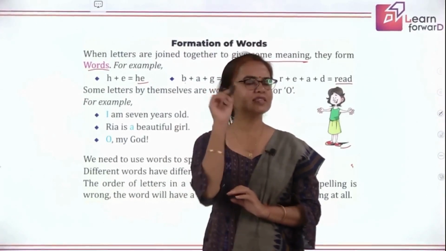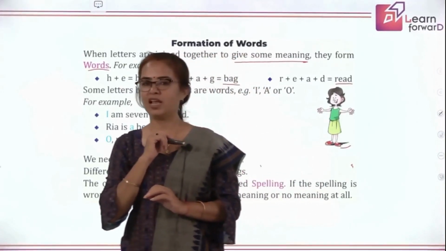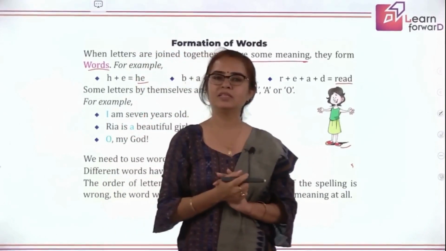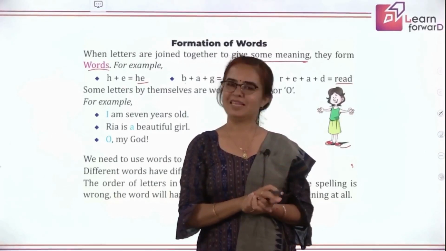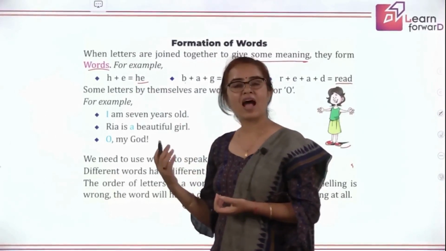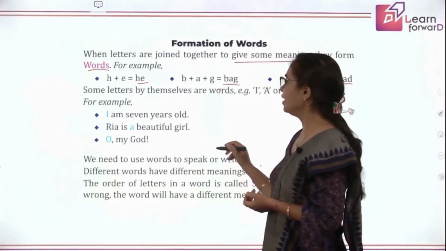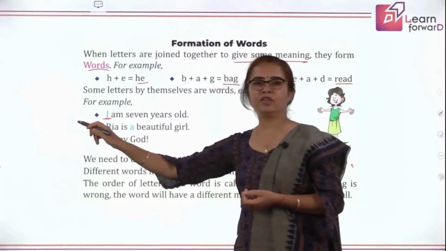So what is I there? That is a letter in the English alphabet. But here in this sentence, I am a good student, don't you think I is a word also? Yes. Similarly, we have two other letters that work like words.